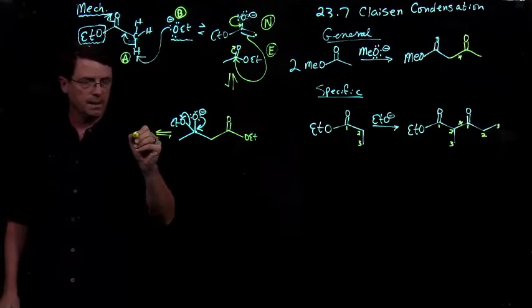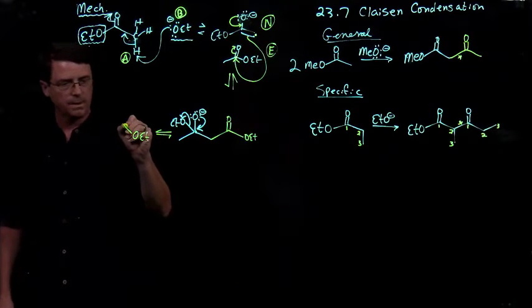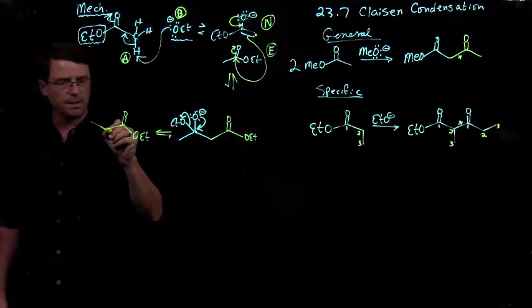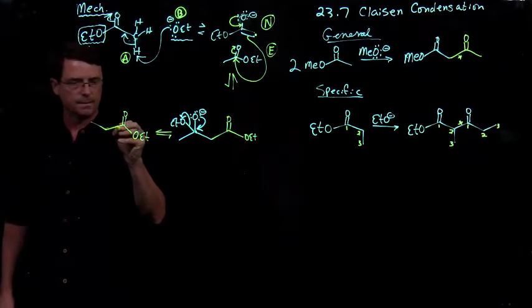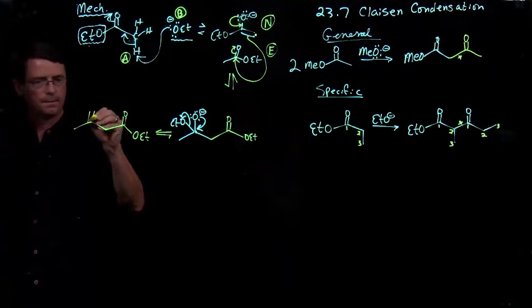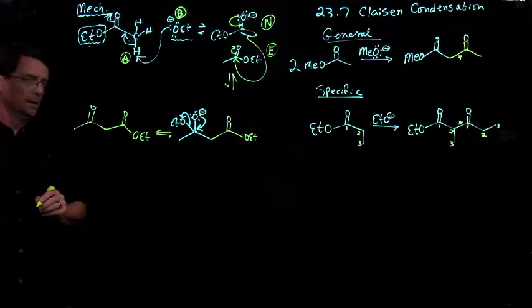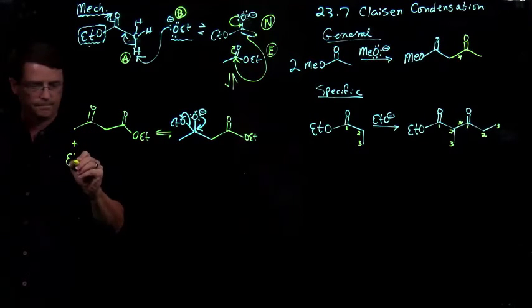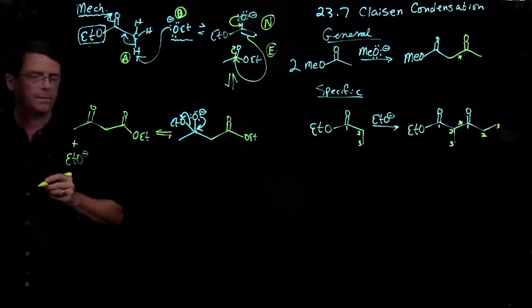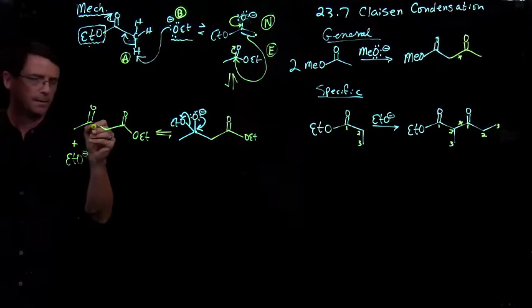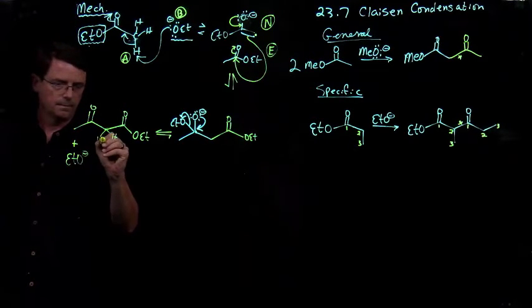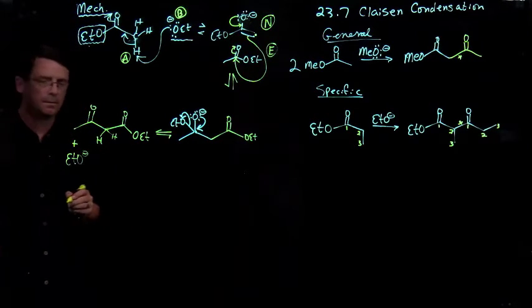When this has occurred, we produce what appears to be the product, but we're not done. So we have the ethoxide there. Of course, this has protons that are acidic.